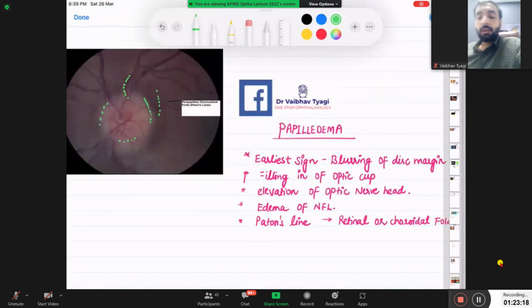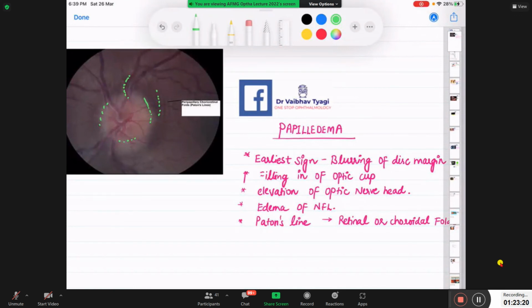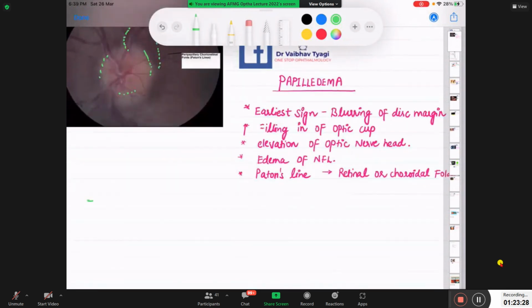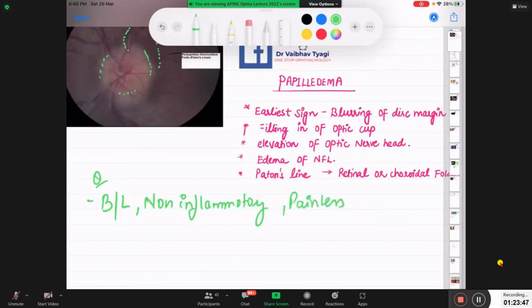Now write down the next topic, important: papilledema. Write down, it is always bilateral. Important question. It is bilateral, non-inflammatory, painless swelling of the optic nerve head.